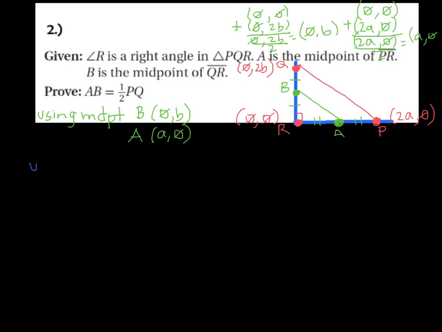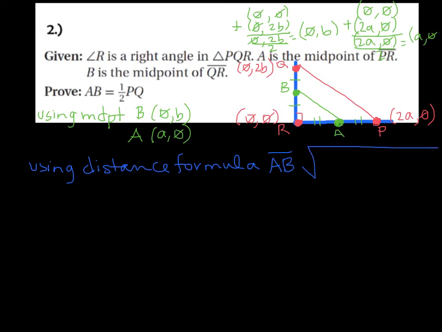Using the distance formula, I want to find the distance between A and B. I'm going to subtract my x's, so I have the difference of the x's squared, 0 minus a squared, and I'm going to add that to the difference of my y's squared, so b minus 0 squared.